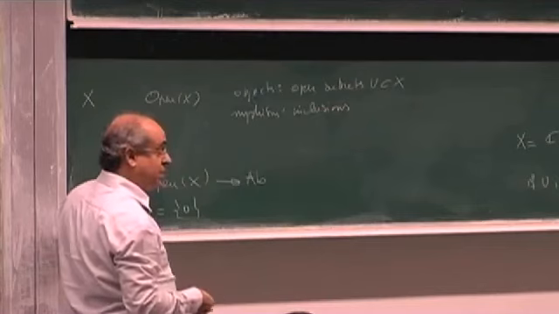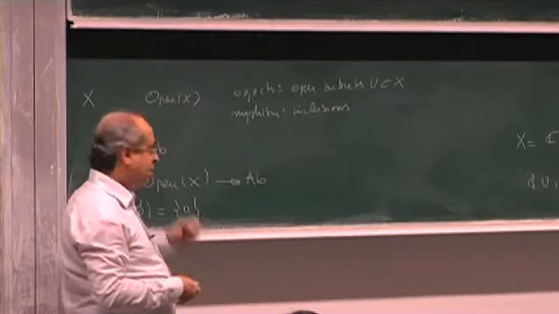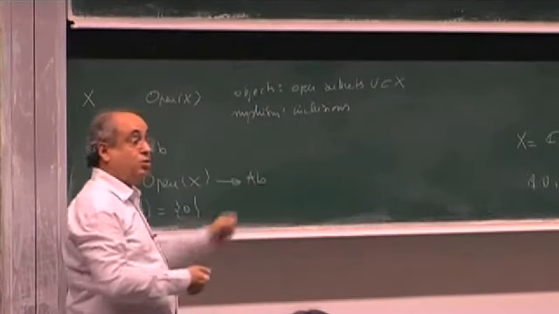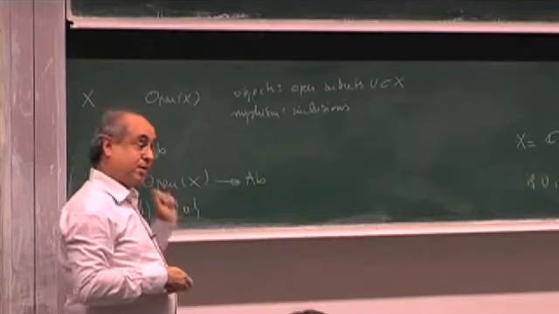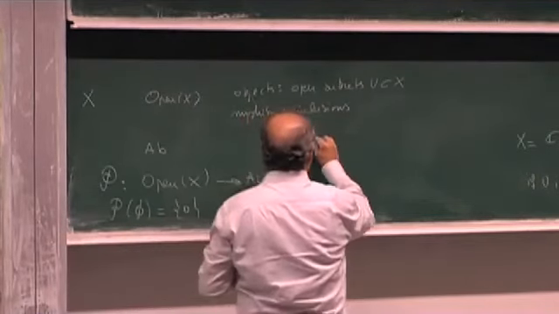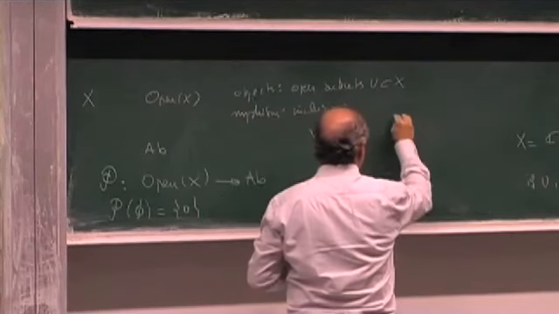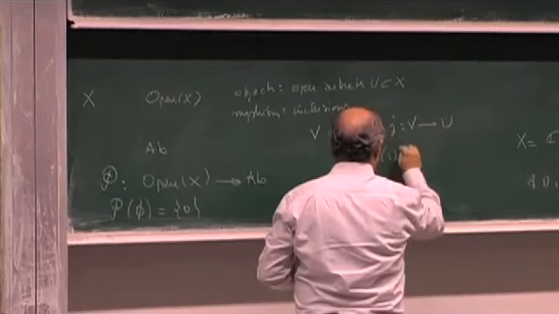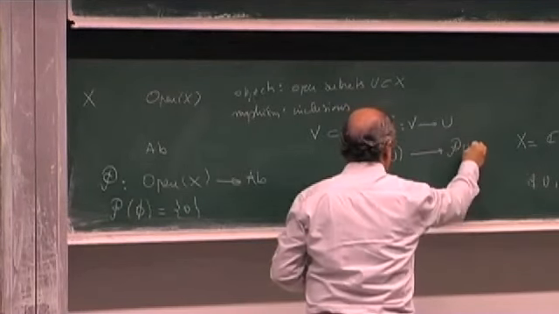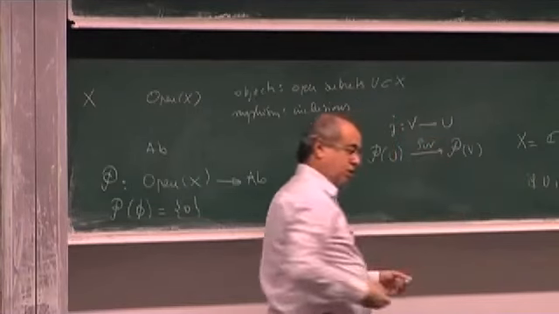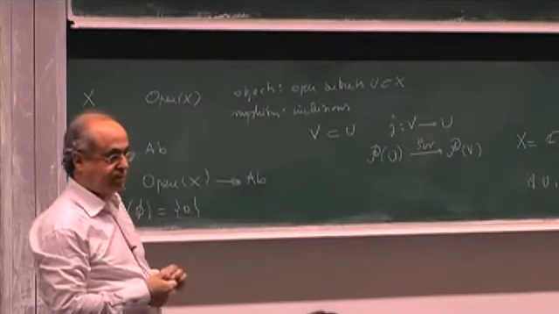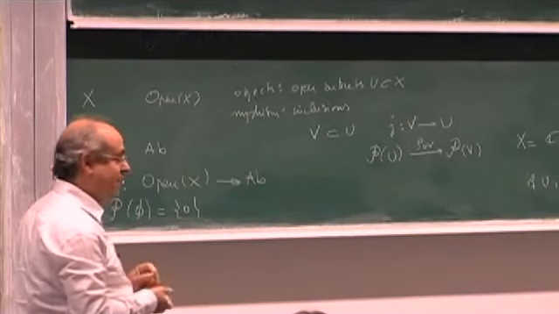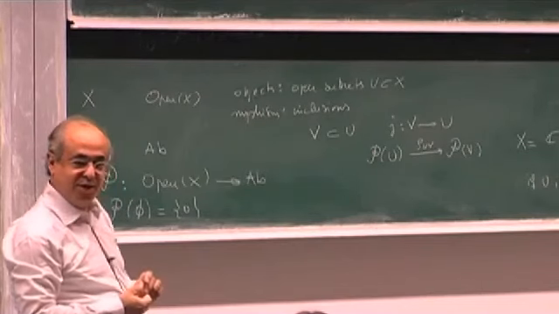And to every morphism, which is an inclusion, we associate a morphism between the corresponding abelian groups, which goes in the reverse way, because the functor is contravariant. So, if V is in U, which means that there is a morphism in this category, we want to have a morphism between the corresponding groups the opposite way. Okay, so this is a contravariant functor. And this is just, for the moment, it doesn't add anything to what we said, just a nicer way of saying what a presheaf is.